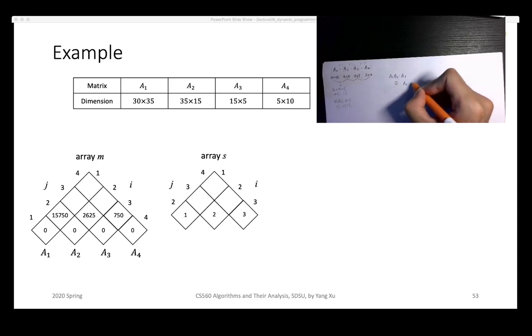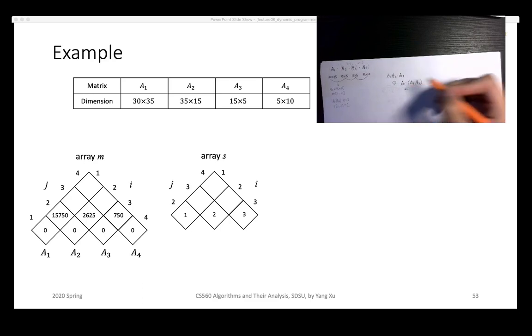A1 times the product of A2 and A3. So we put the parentheses around 2 and 3, which means our K is 1. We do the split at this position. Or we could do this parenthesization, where K equals 2, and what we are doing is multiplying A1 and A2 first, and then times A3.